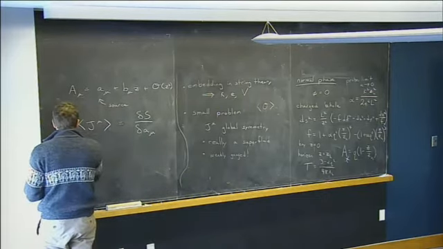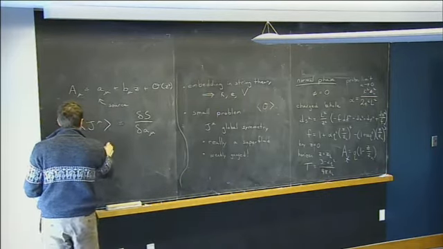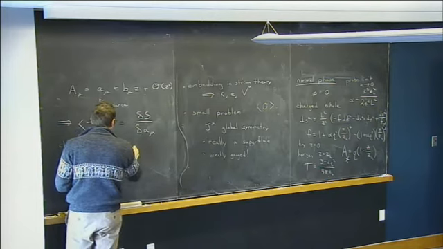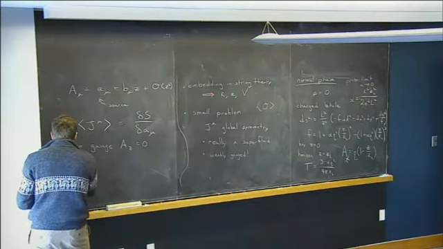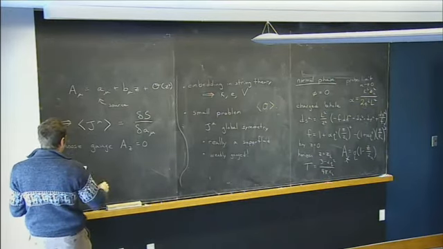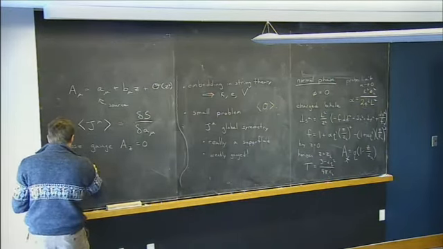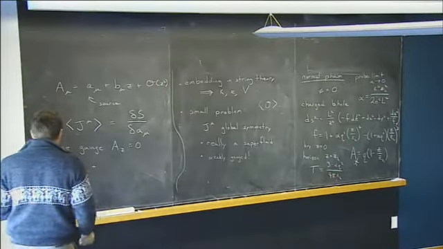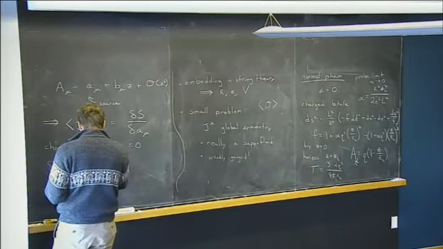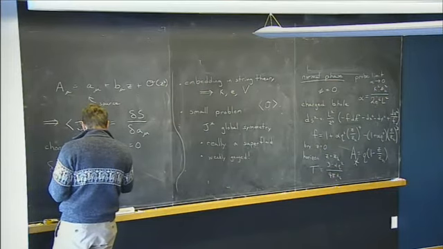So for convenience, I'm going to choose a radial gauge where A_z is 0. Makes this thing a bit simpler. And I want to look at what happens to the action when I vary the gauge field. There are going to be a bunch of terms here, some that come from the scalar, but the pieces I care about come from the kinetic term for the gauge field.